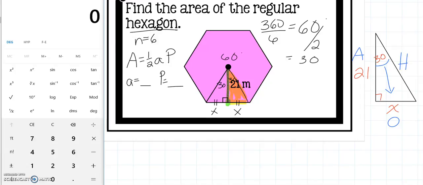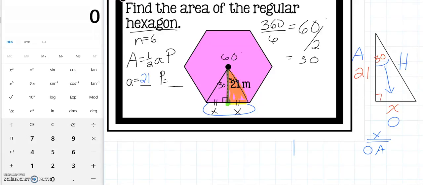Okay, so I need to solve for not the apothem, because you know what? We have it. So I'm just going to go ahead and put that in. I have the apothem, but I need to solve for the perimeter. So I need to start off by solving for x, and then I can get the whole side, and then I can get the perimeter. So if I'm going to be solving for x, that means I need to know a trig function that uses O and that uses A. So I'm going to be using tan again.